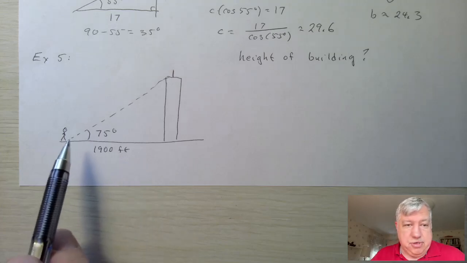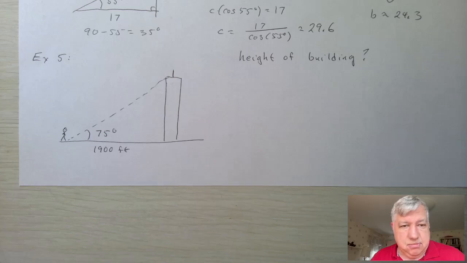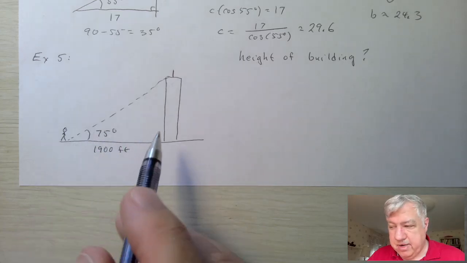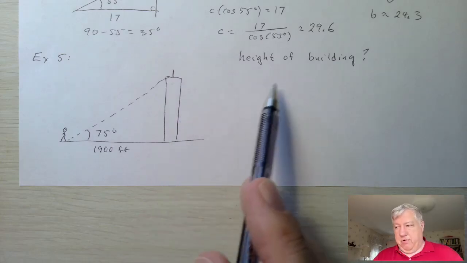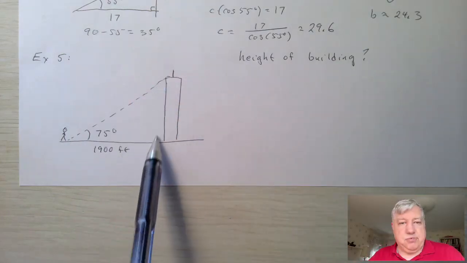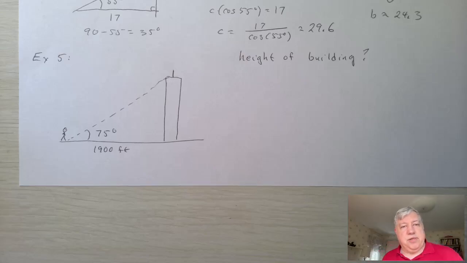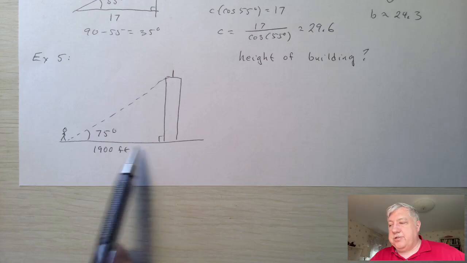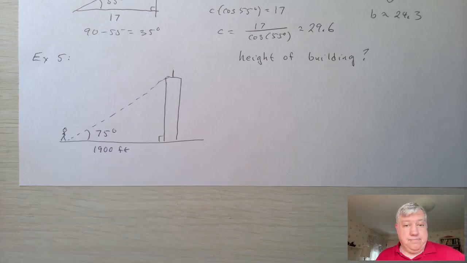And let's say using the surveyor's machines and instruments, he figures the angle of elevation is 75 degrees. If you wanted to find the height of this building, the height of the building is really the opposite of this right triangle here, where the adjacent is 1,900 feet.